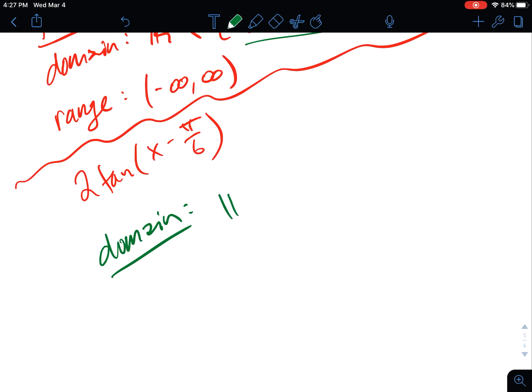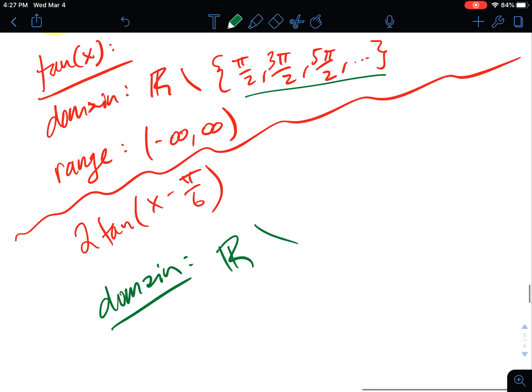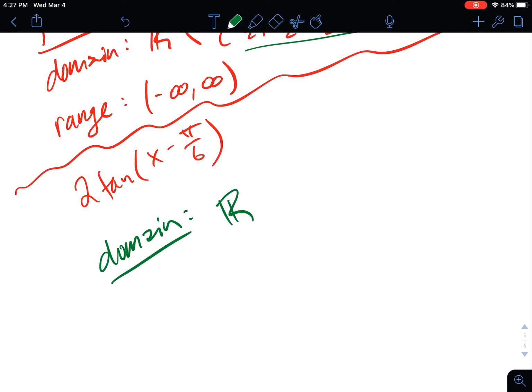And so it makes sense that we'll still have a big set of numbers that make the tangent curve work. But now, earlier it was the number pi over 2 that would make cosine equal to 0.